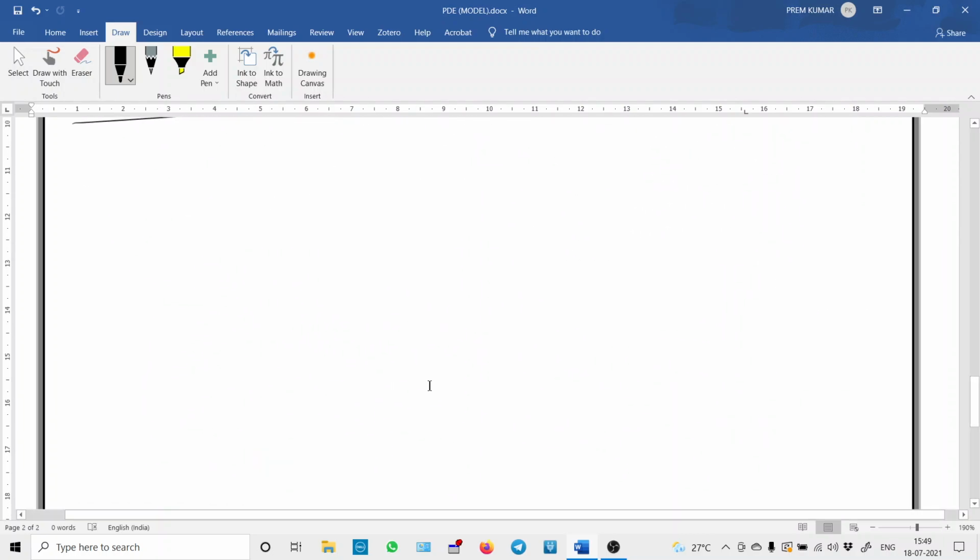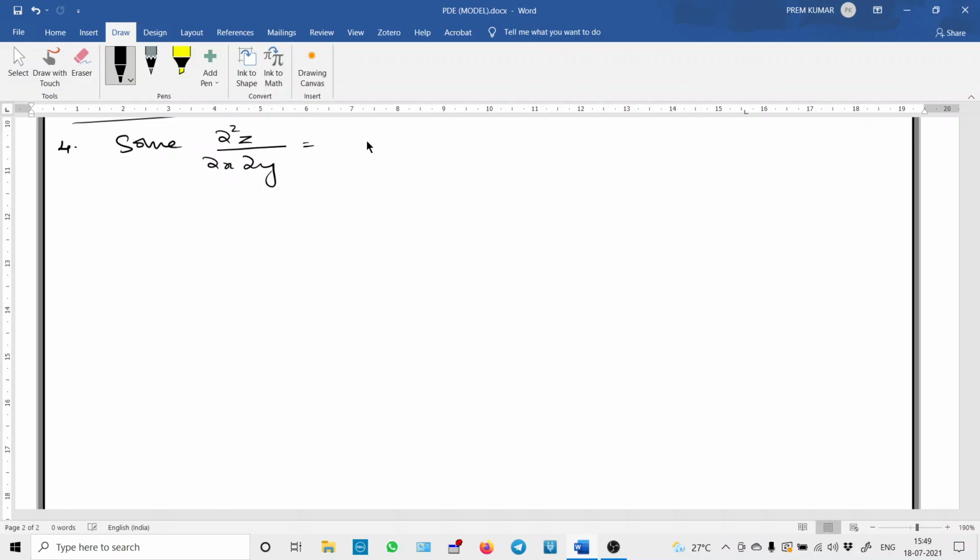Now we go to the next problem, problem number 4. Solve dou square z by dou x dou y equals x square plus y square.